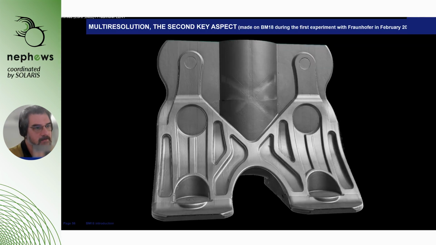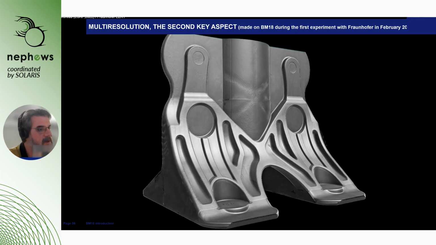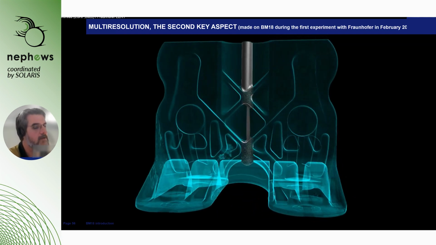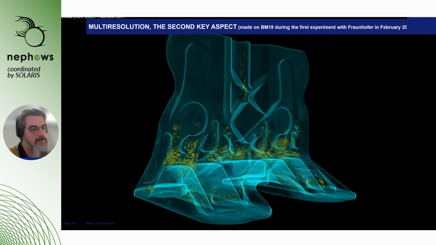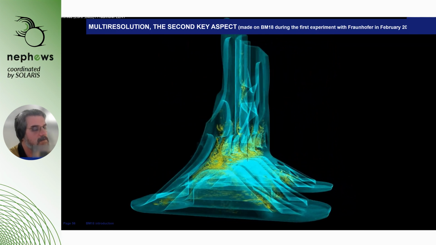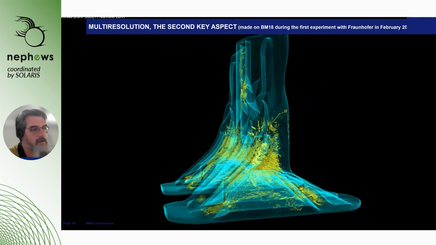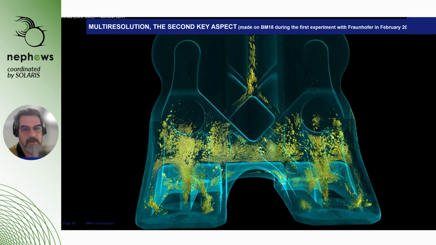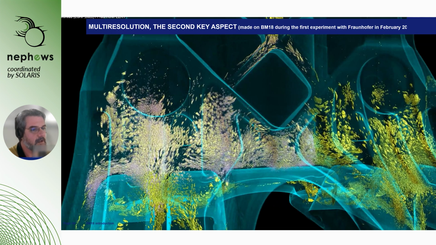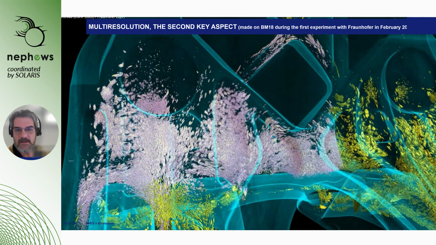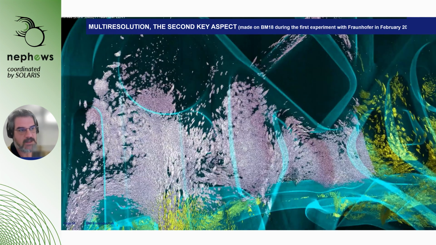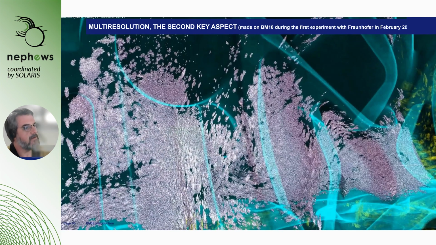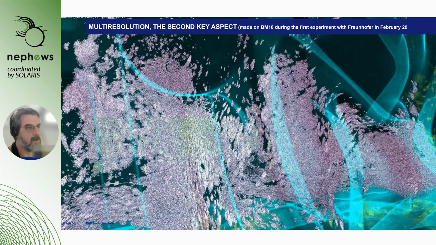Then the second reason for the concept of this beamline is based on multi-resolution. With multi-resolution, you start with the complete object. So in this case, we are at 40 microns. It's a composite T-bracket from aeronautics, and it should be free of defects. But in fact, when you do the tomography, you see bubbles everywhere. So we started at 40 microns, and then without dismantling the sample, without cutting, just changing the detectors and the beam properties, we zoom in and we go to 9 microns, and we go to 4 microns, and we go to 2 microns.